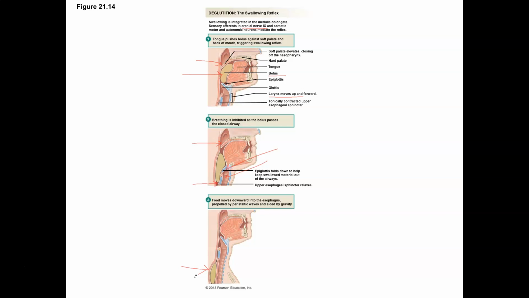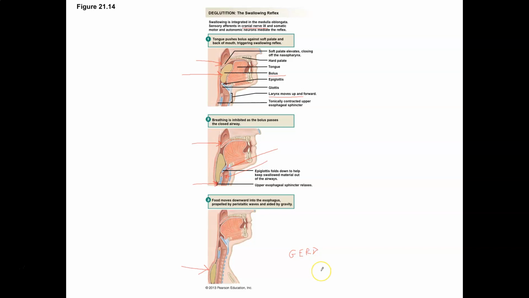The lower esophageal sphincter is going to relax. That's also known as your cardiac sphincter, and that's going to allow the food bolus to enter into your stomach. Some individuals have issues with that lower esophageal sphincter, or what we call the gastroesophageal sphincter or cardiac sphincter, and they experience what's known as GERD. GERD is gastroesophageal reflux disease.